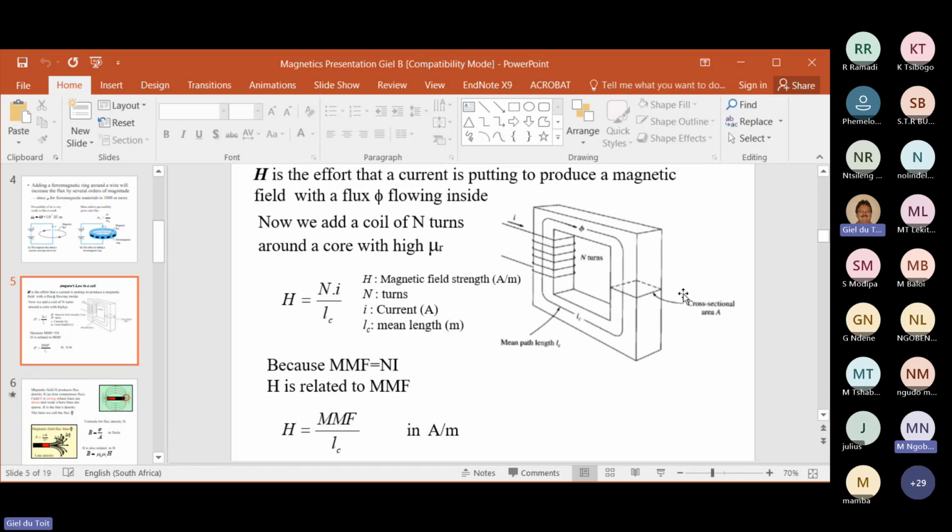How much is that in square meters? Does anyone know? 1 centimeter times how much? 10 to the minus what? 3 or what? Can anybody answer me about this? Minus 3. 1 centimeter, 1 centimeter. People, calculate for me how many square meters will that cross-sectional area be?